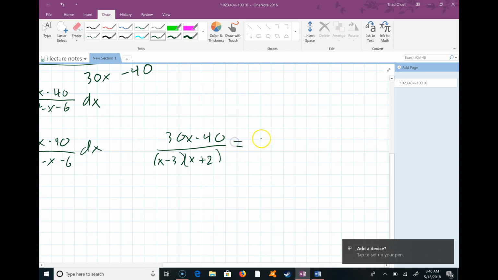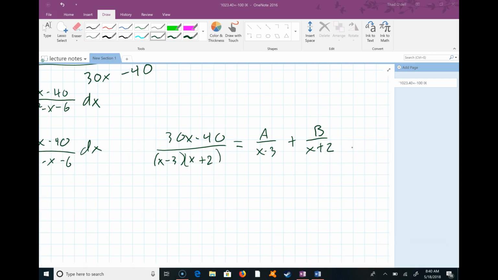Okay, and that would be equal to A over x minus 3 plus B over x plus 2. That's the way we break that apart, and then we multiply everything by the common denominator, and we get 30x minus 40 is equal to A times x plus 2 plus B times x minus 3.